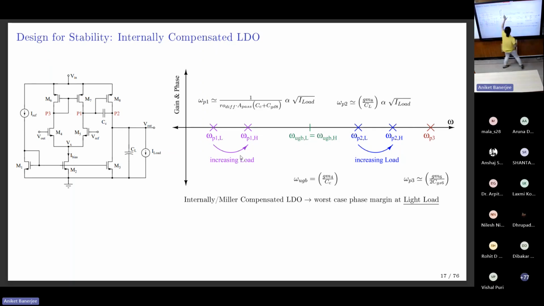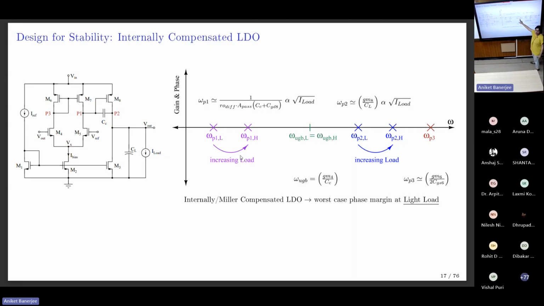So when you look at the expression for omega P1, here it is RO diff, A pass, which is GM pass RO pass inbuilt here, and CC CGD. Why the CC CGD got multiplied by the M8 way, and then the proportionality becomes square root of I load. So this pole is again going to move out as I increase load current.